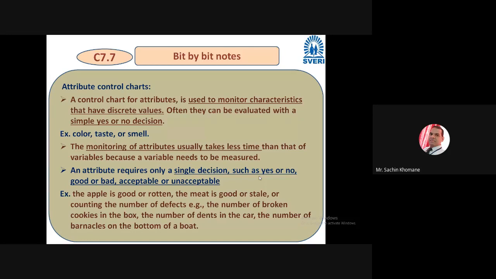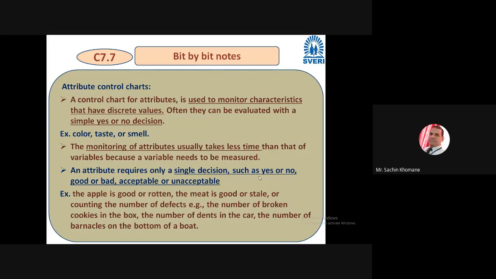The monitoring of an attribute usually takes less time. Why? Because you just have to answer yes or no. But in the earlier case, in variable charts, you have to actually measure the diameter of the shaft, the volume of the shaft, right? So you have to measure all things, take so many samples, and take so many readings. That's why it takes time.